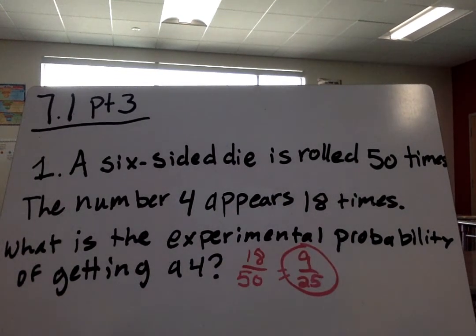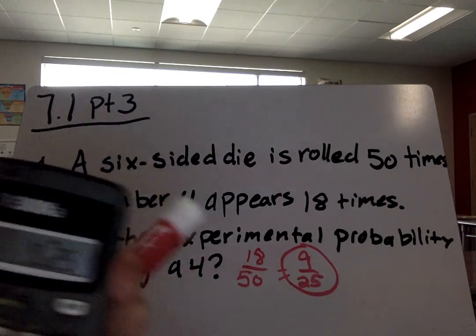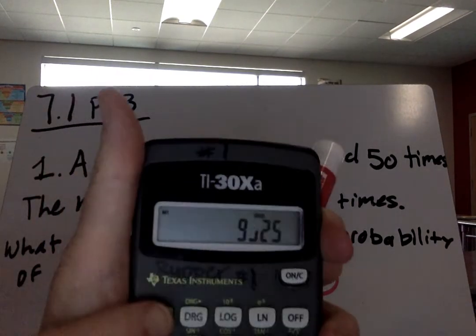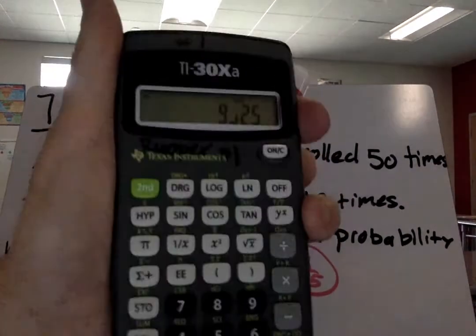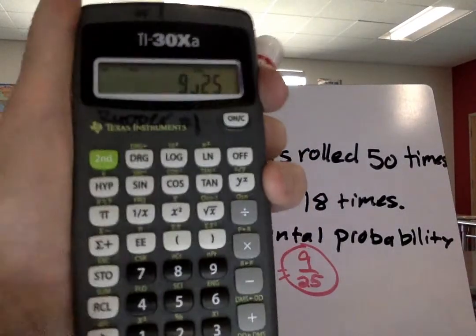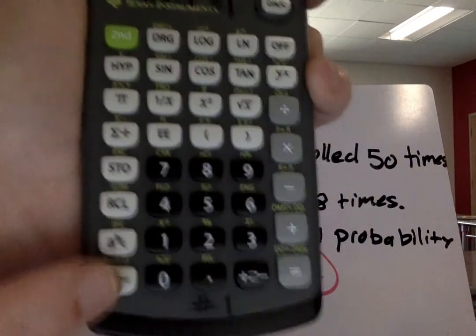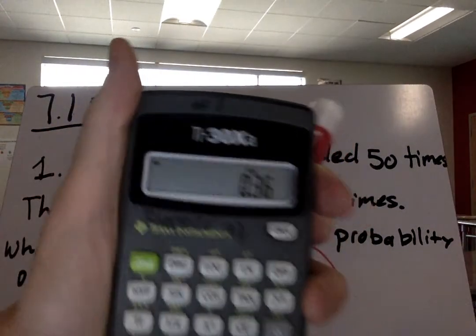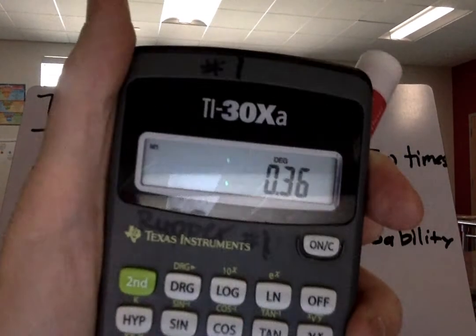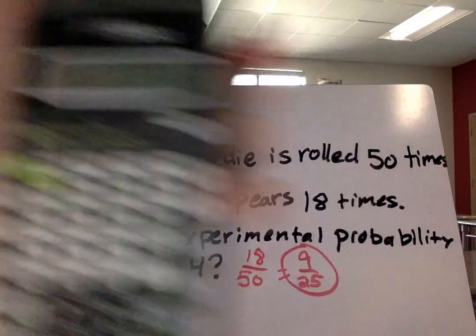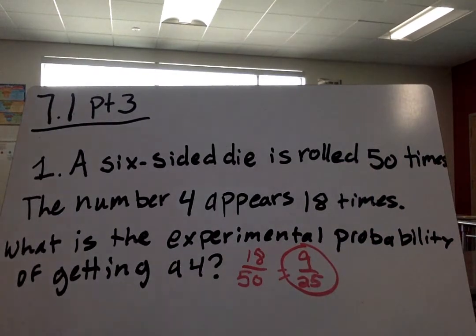Now if I say I want it in percent, I can go second, right here with the green button, second, and then down here with the arrow, and that'll change it to decimal, and we move it 2 places to the right to get percent. So that way, it'll be 36%.